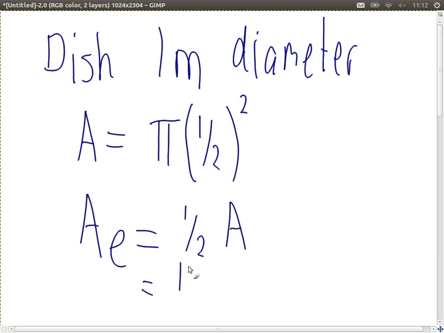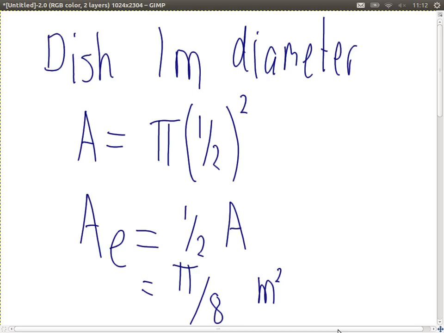And then you do the maths: pi on 8 metres squared. So with this 1 metre diameter dish, the effective area is about pi on 8 square metres. Pi 3.14 divided by 8, so a bit less than half a square metre.